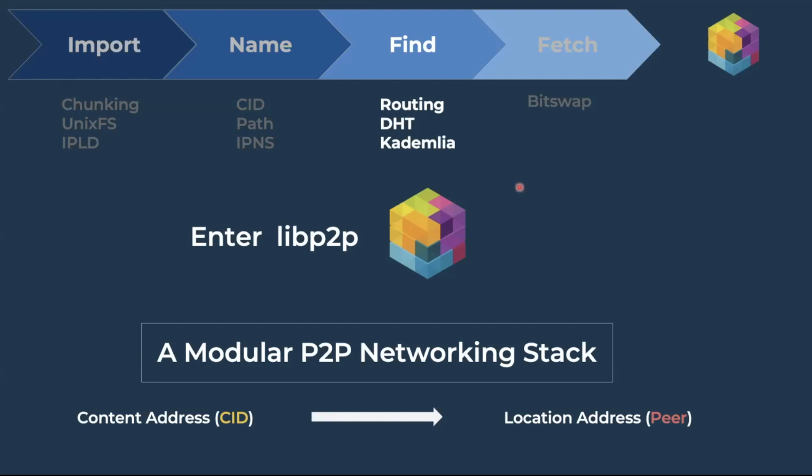It's worth noting that it can be used independently of IPFS. It's a library that can live on its own, and it can serve several different purposes. For the purpose of IPFS, what libp2p does is get a content address and translate that to a location address where you then need to go and fetch the content.